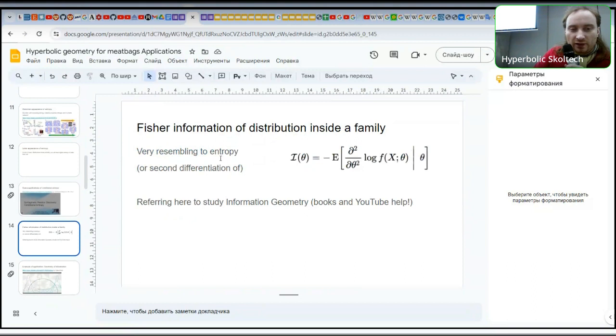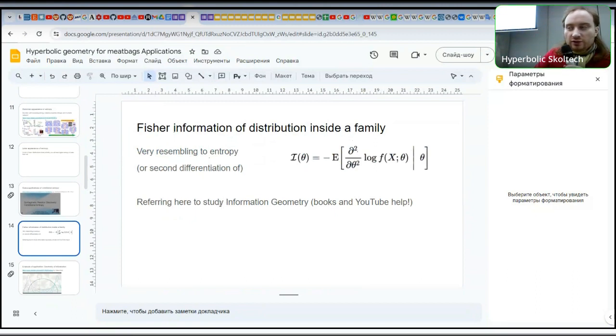Okay, and let me also introduce Fisher information of a distribution. So this is just the second derivative of entropy over some parameter theta. So this is sufficient information.